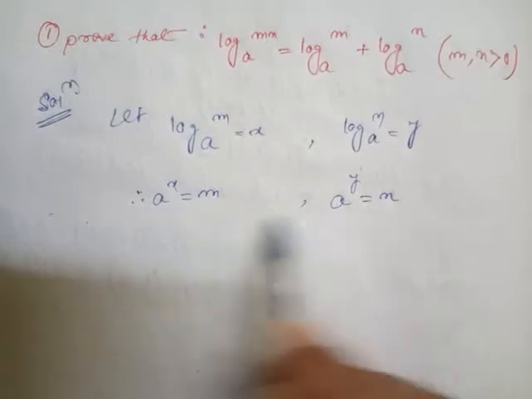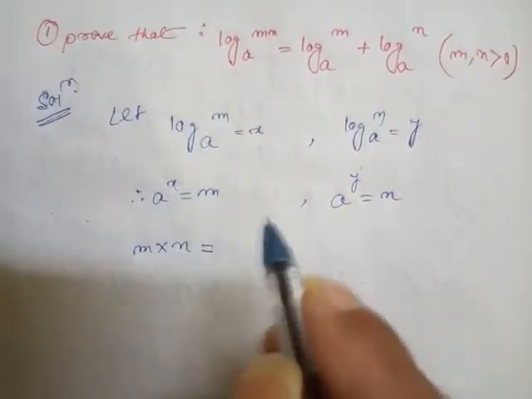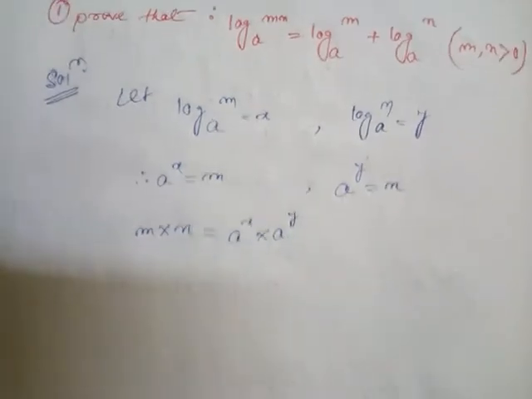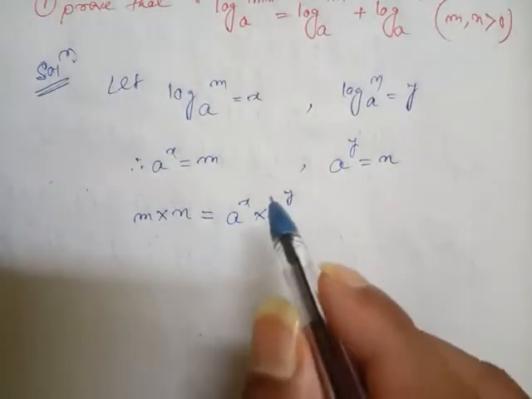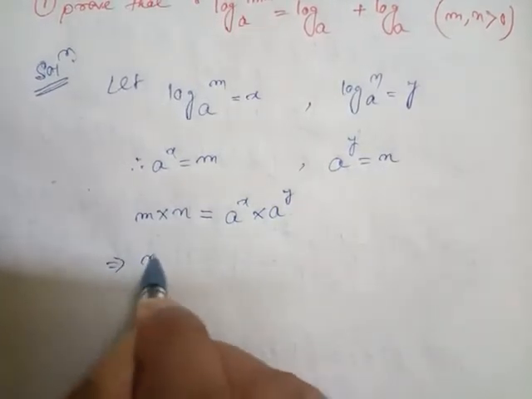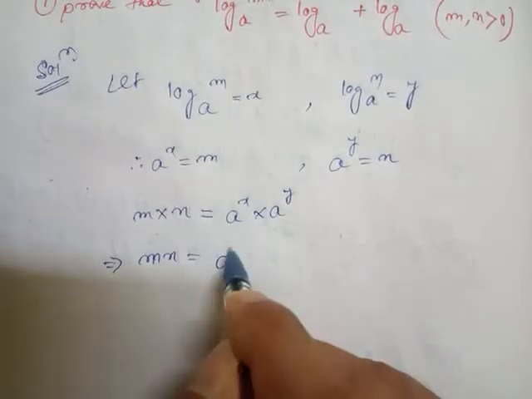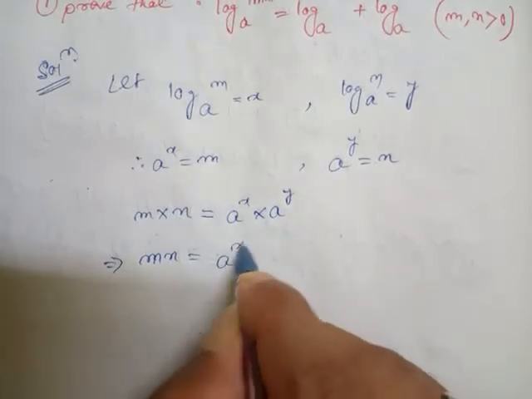Students, now if I go for the multiplication m into n, then a to the power x into a to the power y, and this is itself a formula of the indices. Base same, power should be added, so m into n means mn, and there is a to the power x into a to the power y, base same power should be added, so x plus y.